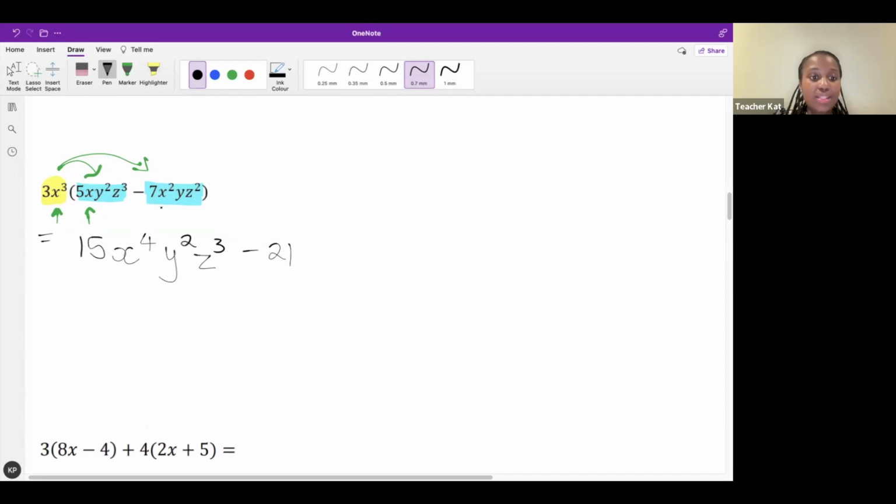Once again, we have an x inside and outside the bracket. X to the power of what? Nice, Logan, 5. Because we take the x cubed over there and we add this 2 over here, and it gives us an exponent of 5. And then my y and my z squared just rewritten as they are.